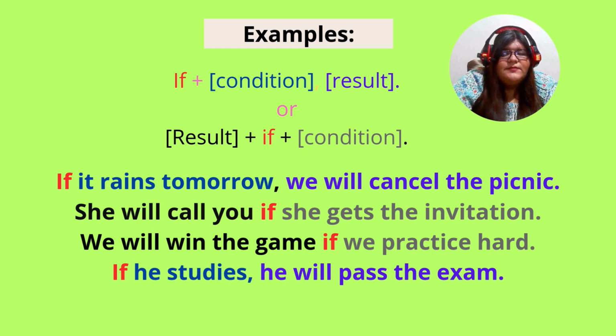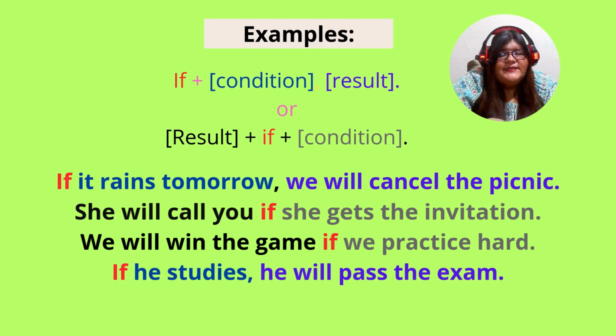We can say that in blue is the condition, right? Comma, we will cancel the picnic. You see? In purple, we have the result. If it rains tomorrow, we will cancel the picnic. So this is a condition plus result.